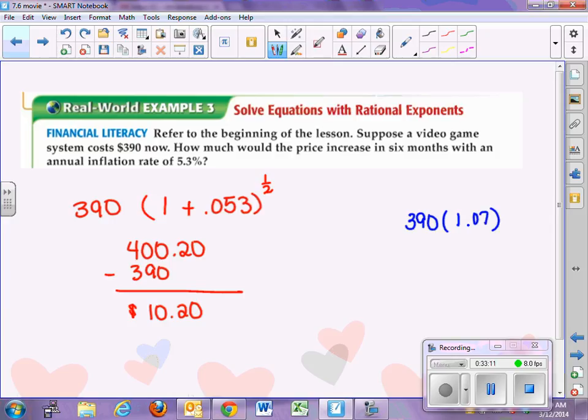This is more like an interest rate where you have an investment and you're making 7% interest. If you just put the number of years here, it's like you continually multiply by 1.07, and it will keep growing for each of those times that you're multiplying. So if this is normally years and it's 6 months, we changed it to 1/2.